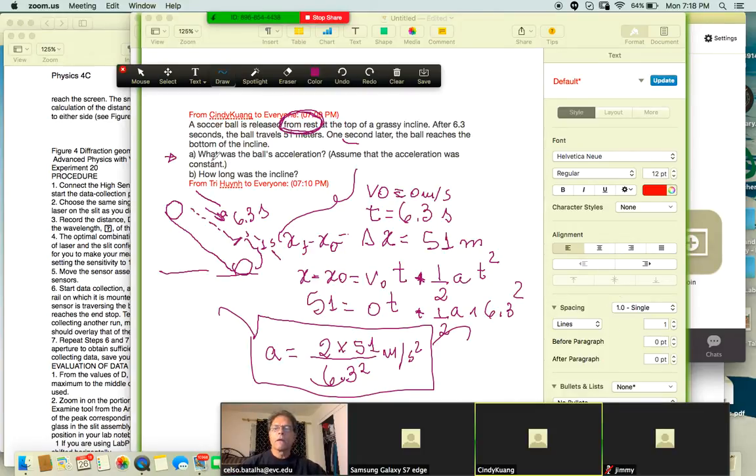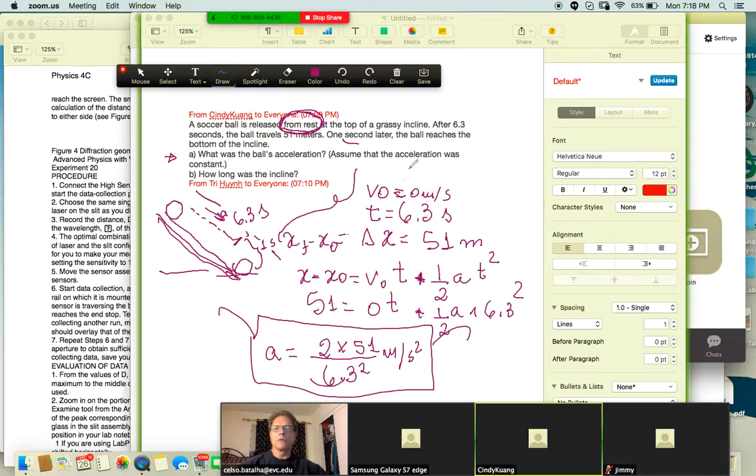Okay. Now for part B, how long was the incline? So you want to find this whole thing here. There are different ways of doing this. One is, the travel time for the ball is 6.3 seconds plus 1 second.